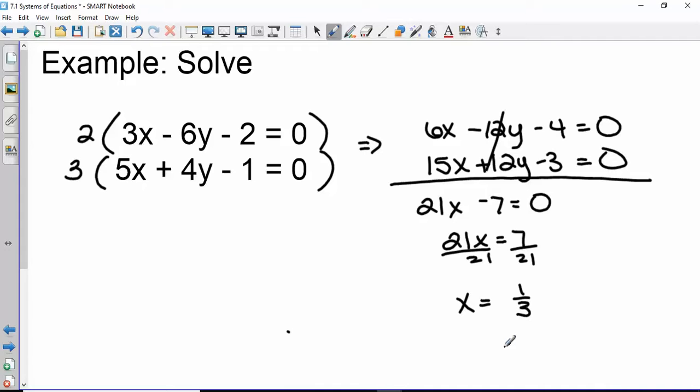So now we have to find y. So we can plug it back into either equation. Let's just go with the first one.